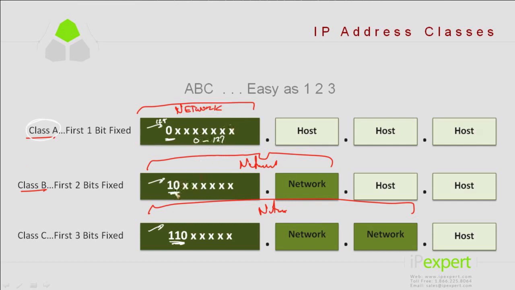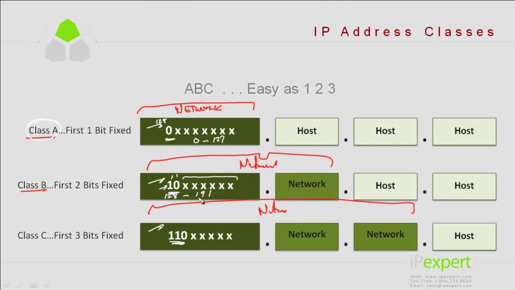So now the issue is I've got a value of 0 here, which means my starting value is going to be 128 if everything's 0. Now, these are the only values that I can change to 1s, because this one must be a 1, this one must be a 0. So my range is going to be 128 all the way down to 191.